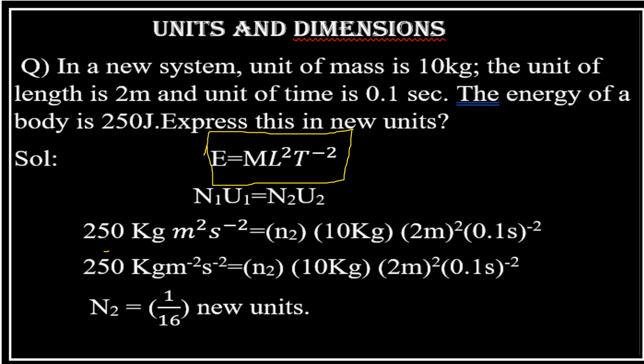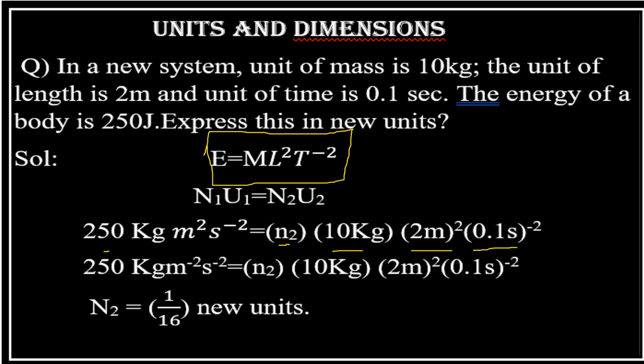Here 250 is one term, kg meter square s power minus 2. Writing n2 in another system, here they have given 10 kg, 2 meter square, 0.1 second, power minus 2. Based on this, 250 remains the same, n2 times 10 kg, 2 per minus 1, same thing.